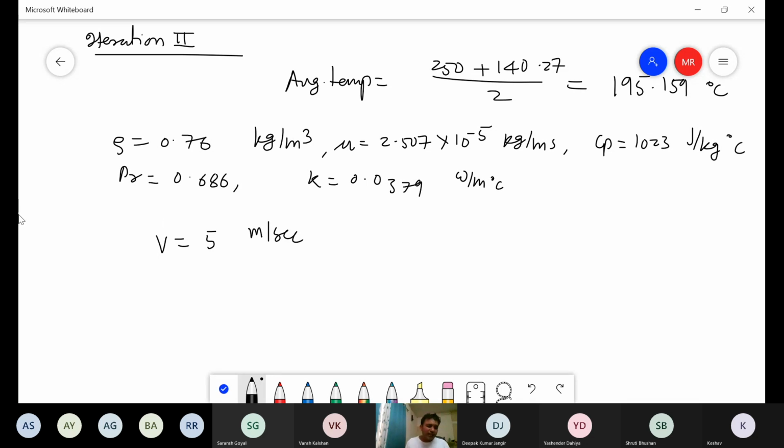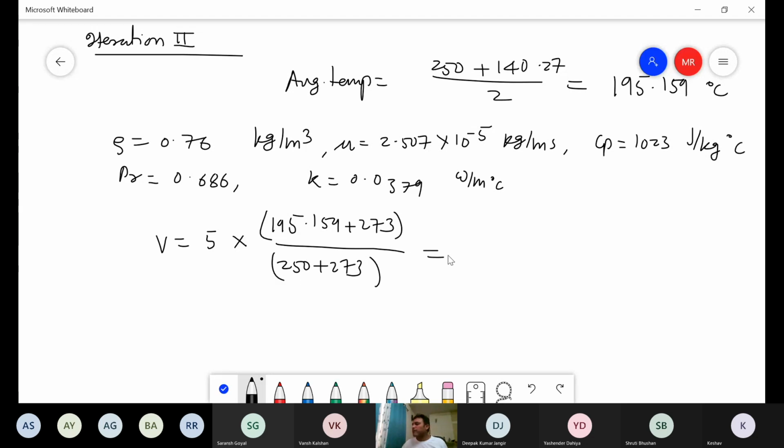So the new velocity will be given by multiplying by 195.159 plus 273 divided by 250 plus 273.